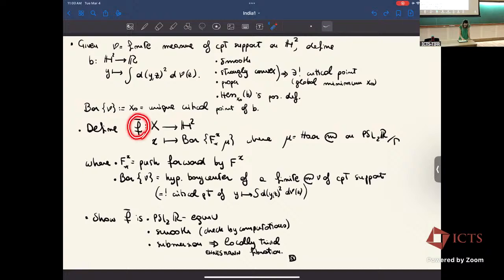This map F bar is now the map that gives us the trivialization. To prove this, we need to check that this map is PSL2R equivariant and smooth. The smoothness is the more involved part, just checking that at every step all the things we are doing are smooth. And it's a submersion, so it's a local trivialization, which is what we need.